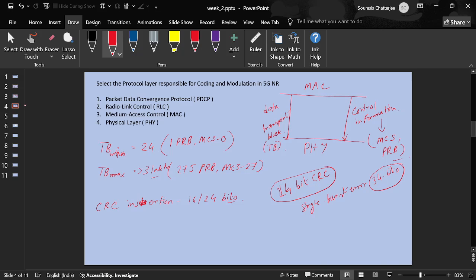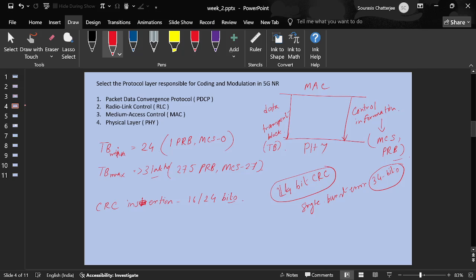So how exactly does CRC insertion happen? If I go into the mathematics part, how is this procedure really happening? This transport block we receive is a string of binary numbers, right? So how exactly do we achieve CRC insertion? We take a polynomial.